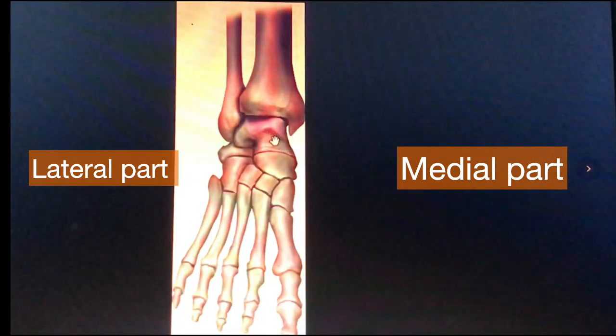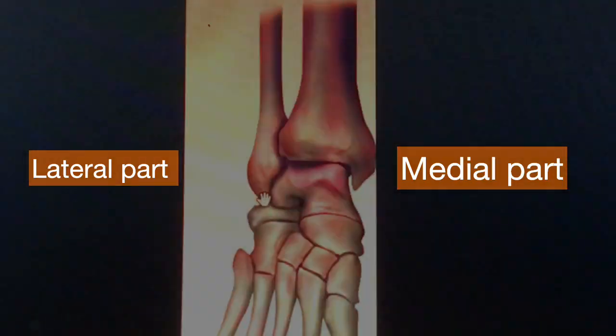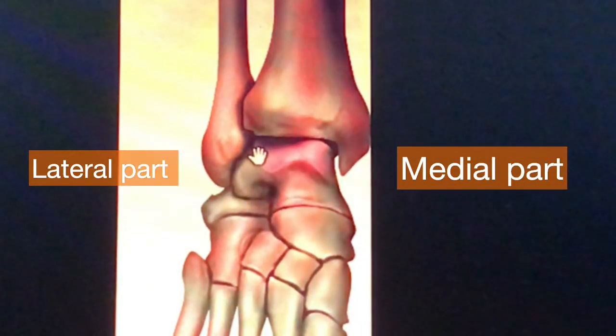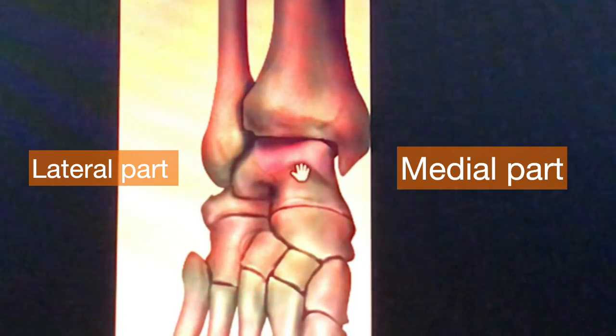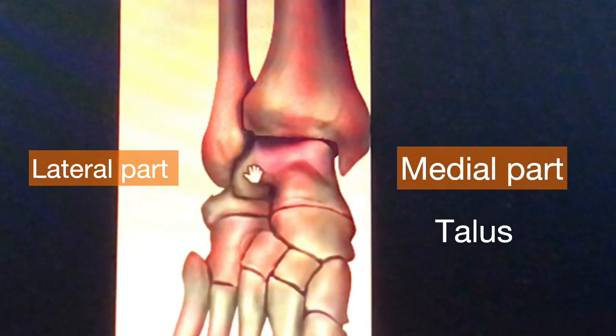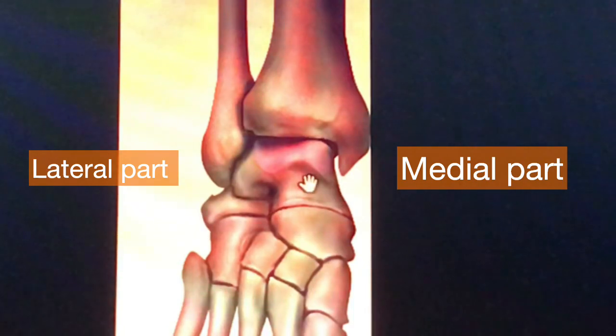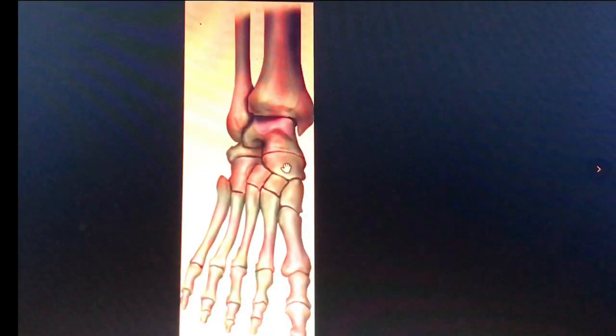So this particular bone that articulates with the tibia, this is the tibia bone and this is the fibula, that particular bone is called talus. So this whole bone here, the talus. To be able to identify the talus, you need to know the bone it articulates with.